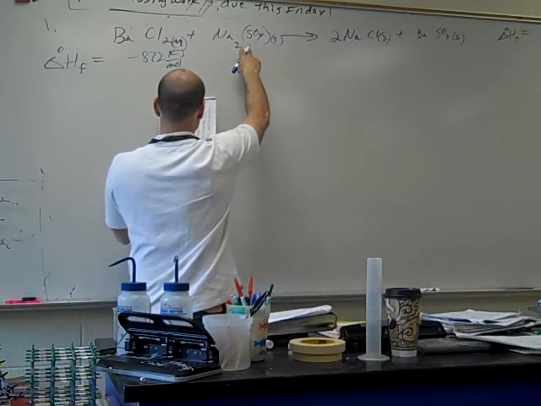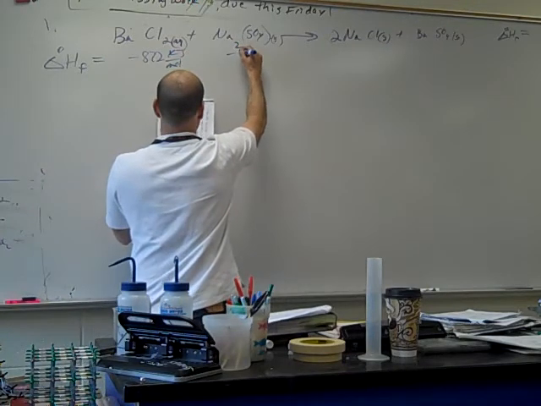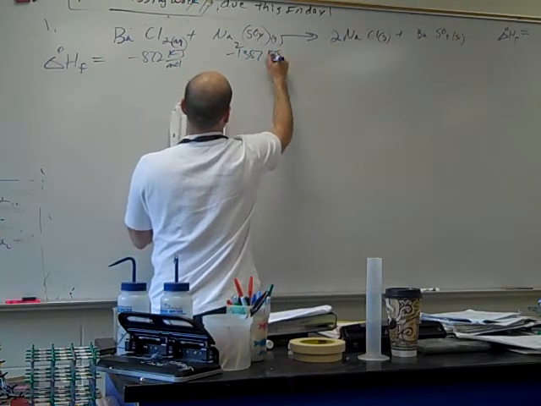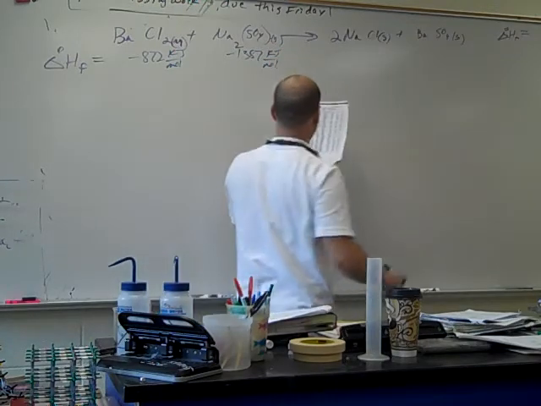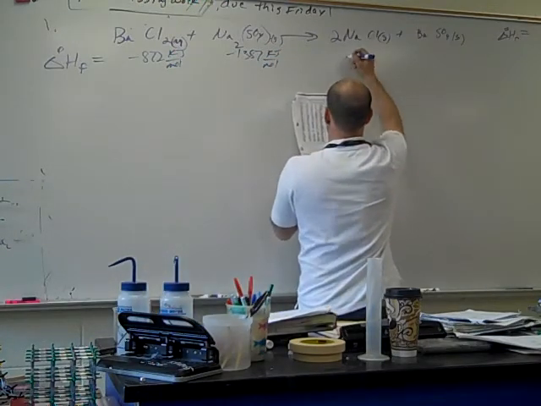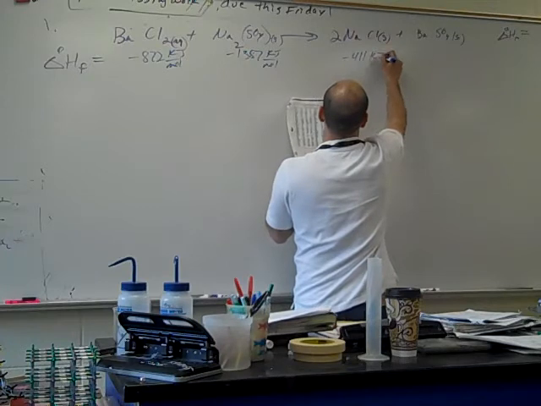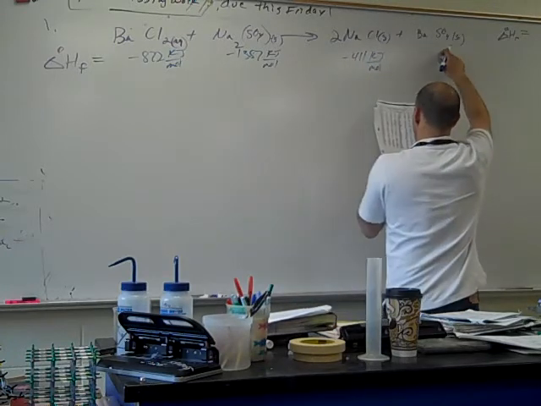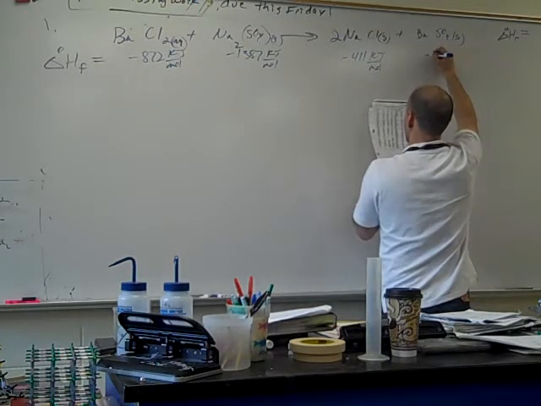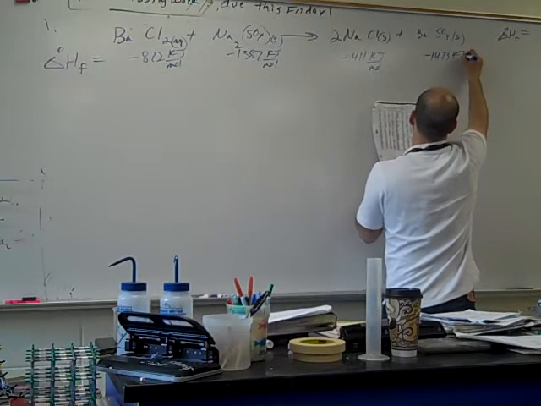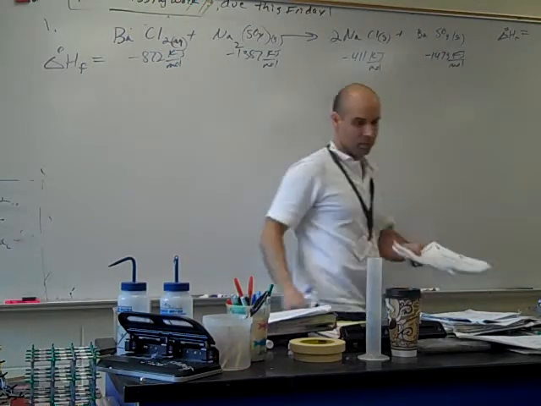Sodium sulfate is -1387 kilojoules per mole. Sodium chloride is -411 kilojoules per mole. And barium sulfate is -1473 kilojoules per mole.